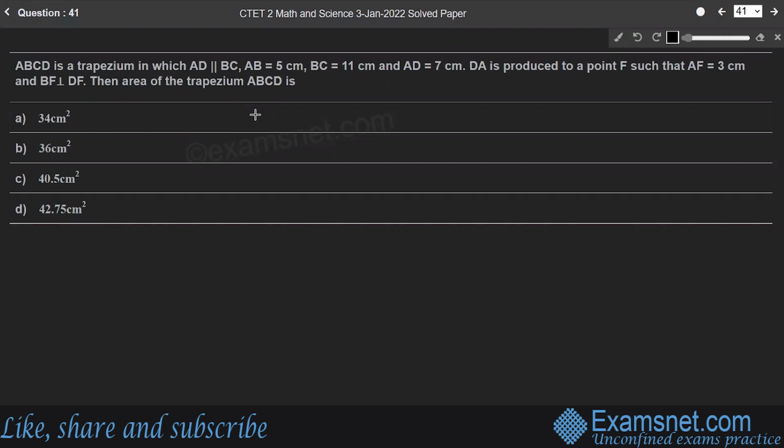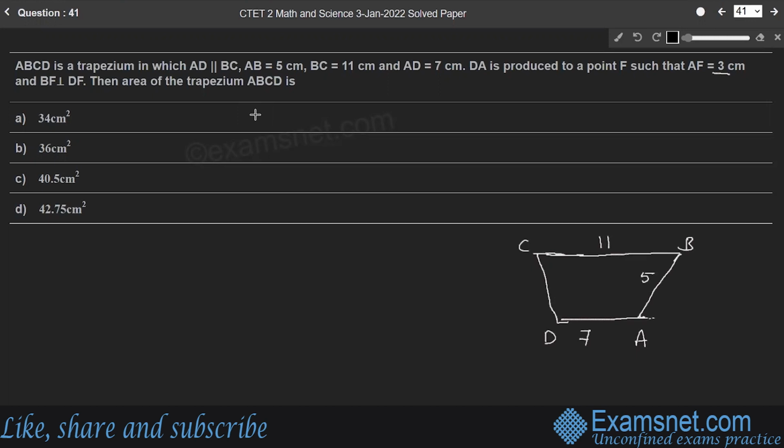DA is produced to a point F such that AF is equal to 3 cm, and BF is perpendicular to DF, then find the area of the trapezium ABCD. So let us draw the trapezium ABCD.